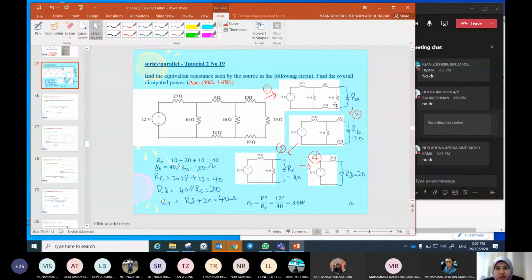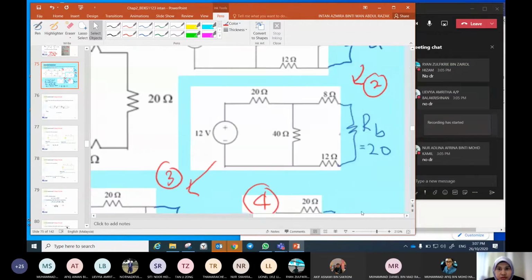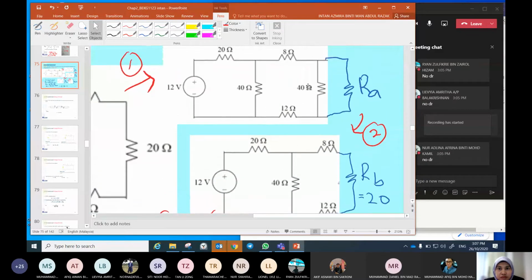And then we found that this 40 and this RA is connected in series or parallel? Parallel.